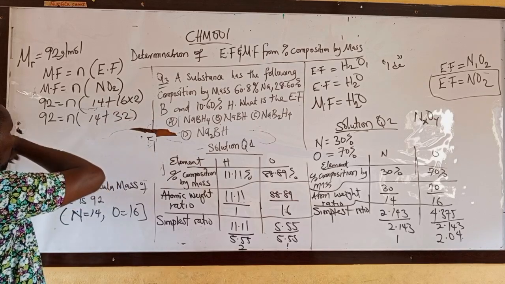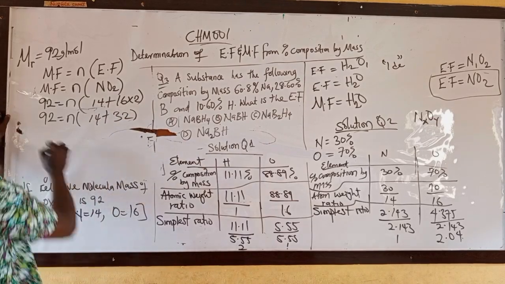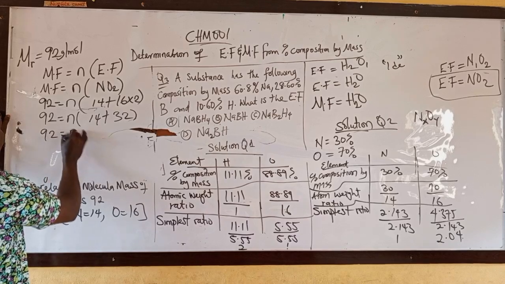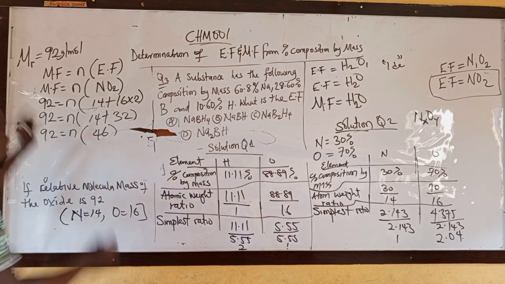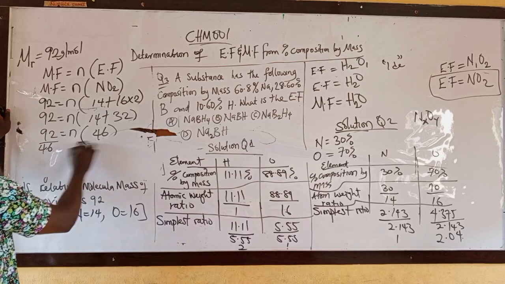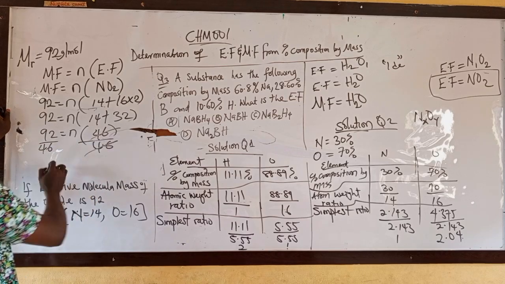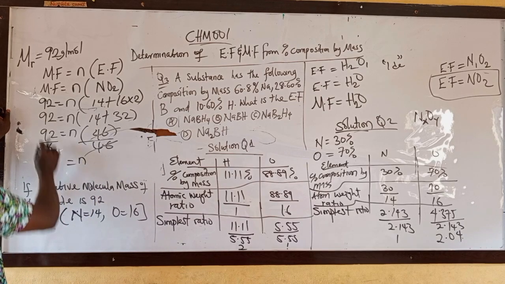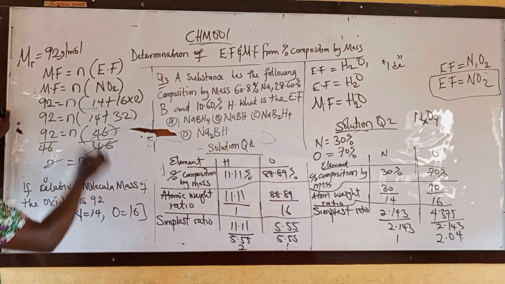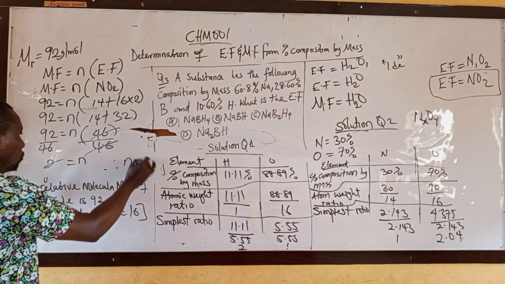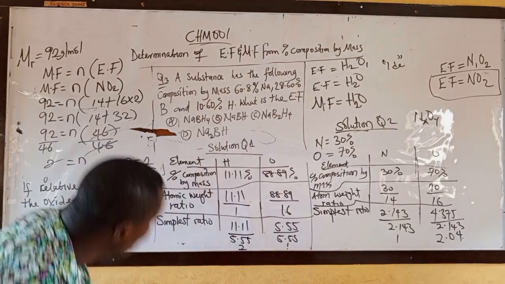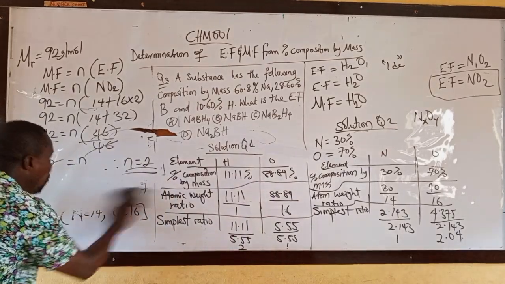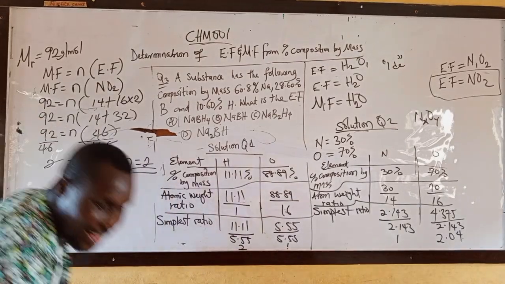32 plus 14 will give you 46. I have 92 equal to N into 46. Divide both sides by 46. This one cancels, and you have N equal to 92 divided by 46. Therefore, N equal to 2. Since you've gotten N to be 2, what will be the molecular formula?